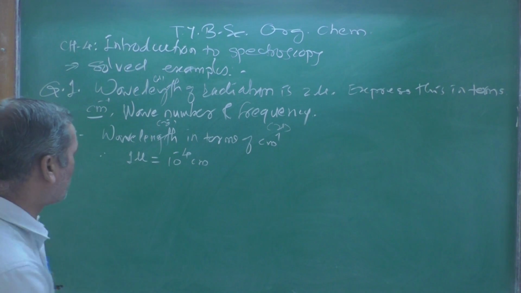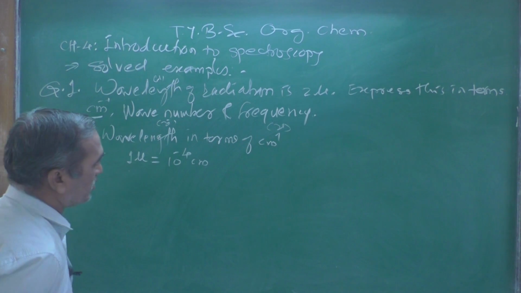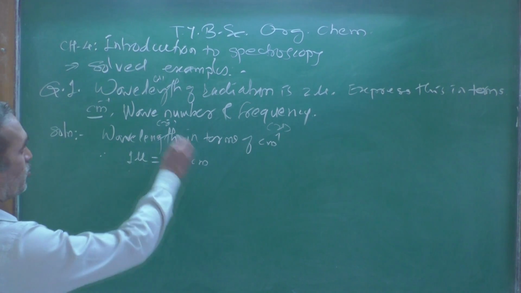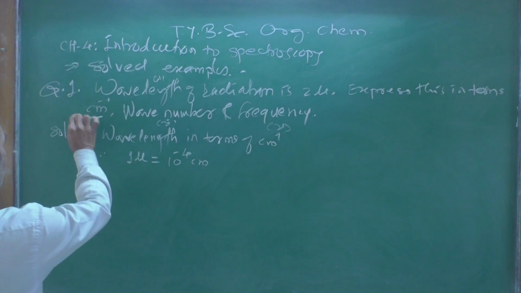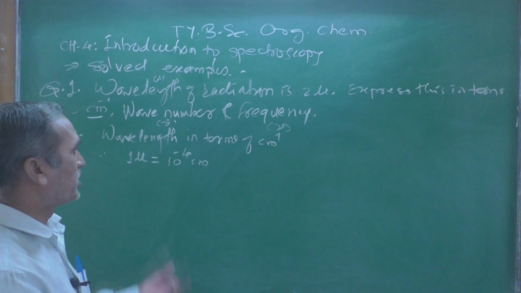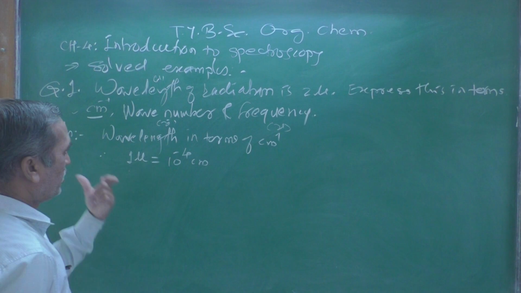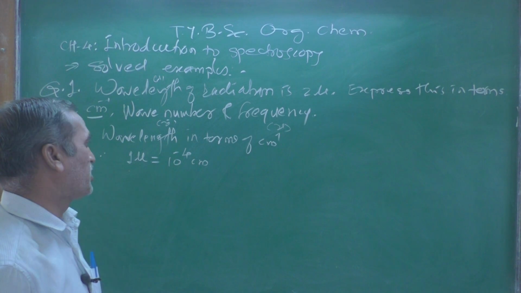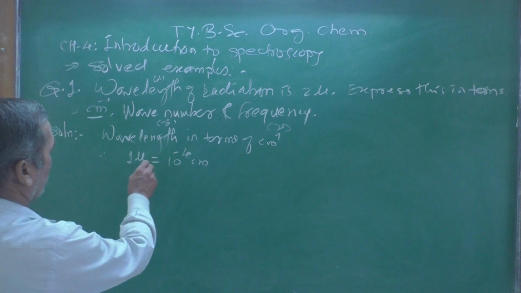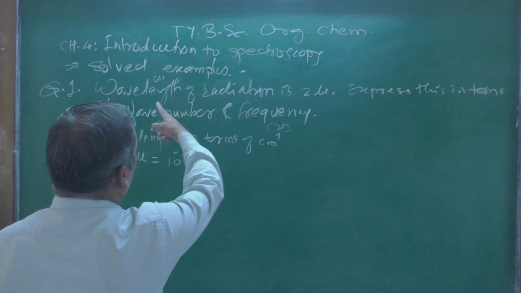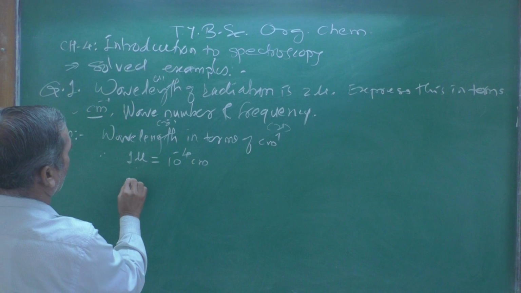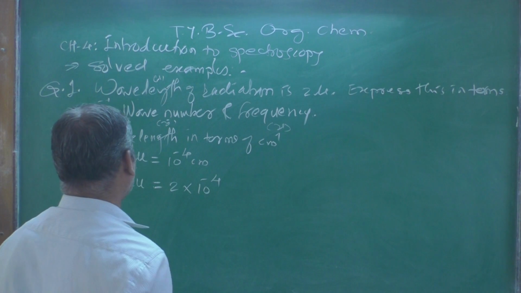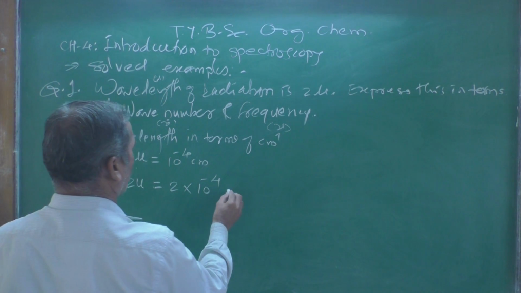Since we have to calculate in per centimeter, you must know the unit in centimeter. So 2 micron is 2 into 10 raised to minus 4 centimeter.